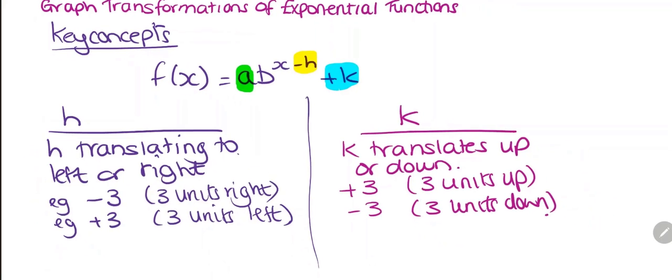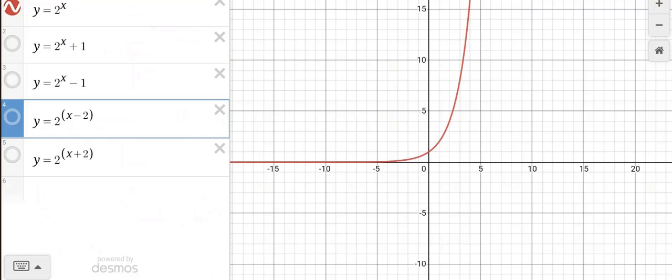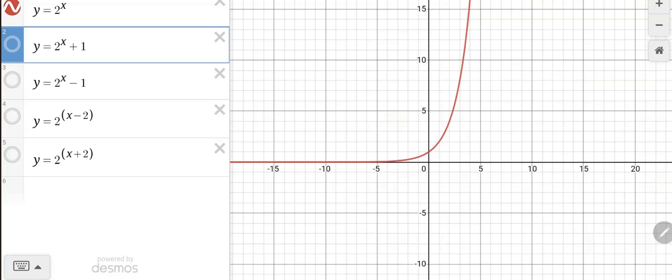So let's have a look at a couple of examples. I'm using a graphing calculator, Desmos. I've put in my graph, which is the parent function, y equals 2 to the power of x. Our intercept is at 0, 1. If we add plus 1, you can see that the intercept has moved up to 0, 2.